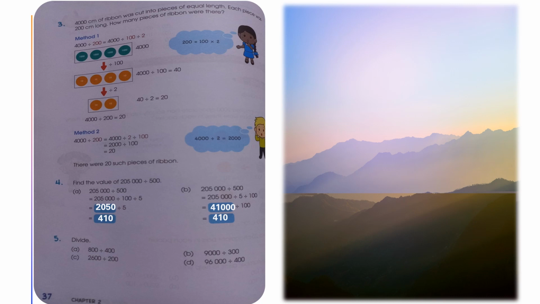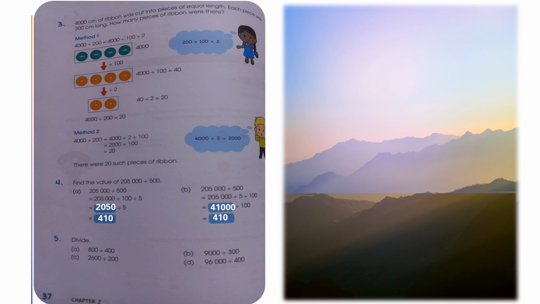We have two methods to perform this type of division, because here we have to break up the 200 into 100 and 2 in order to achieve the division. In method 1, we first divide 4000 by 100 and then the resultant by 2.